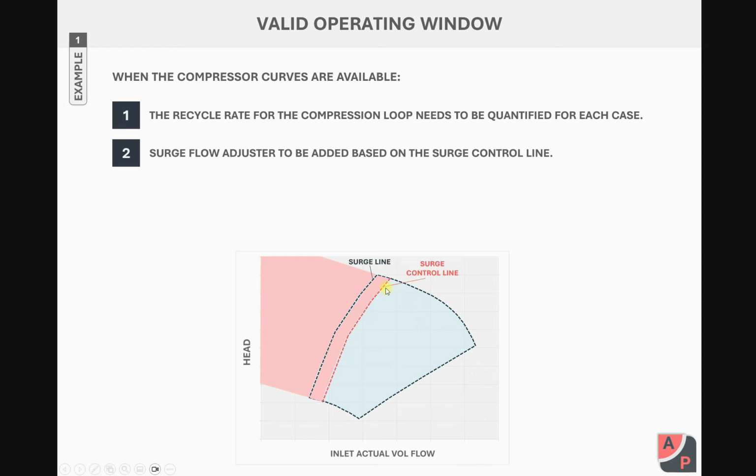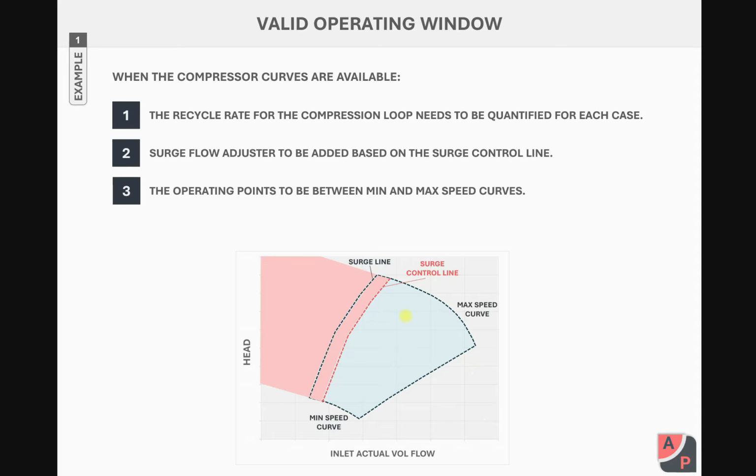Surge control line, which typically has a 10% margin with the surge line, is introduced to make sure that we always have the operating point on the right side of the surge control line. This 10% margin is because of the fluctuation during process control.